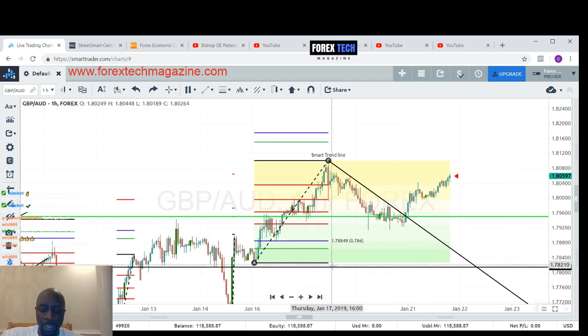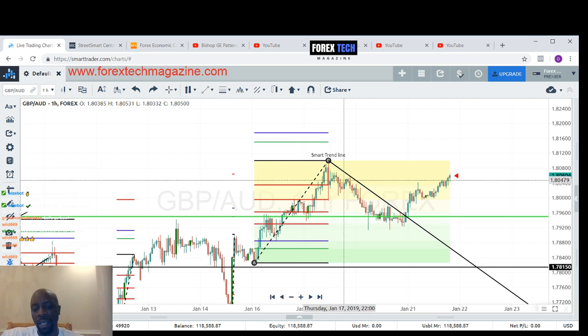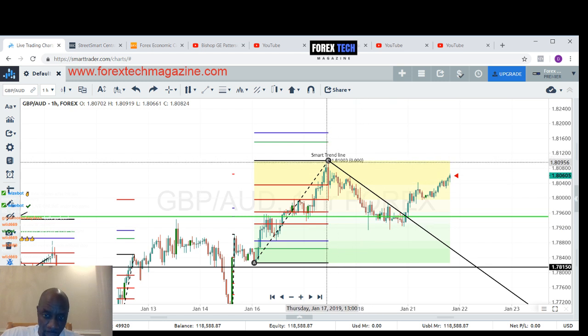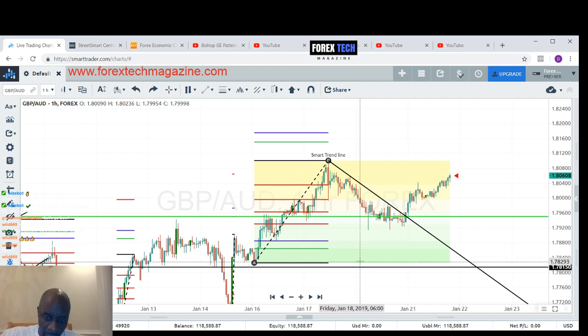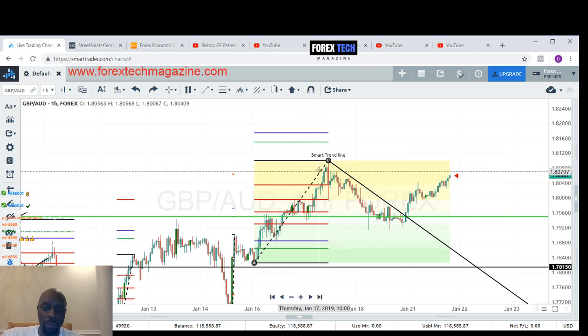That's why I personally like to put my stop loss back here below my A. The one thing I know for sure is that if price retraces all the way back from this B, goes all the way back down to this A, and goes below that A, guess what? We're no longer in an upward trend. Price has pretty much killed that.